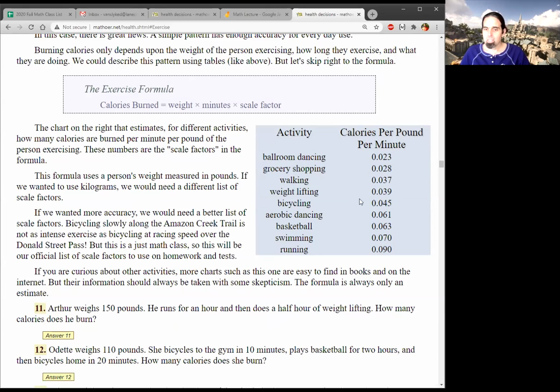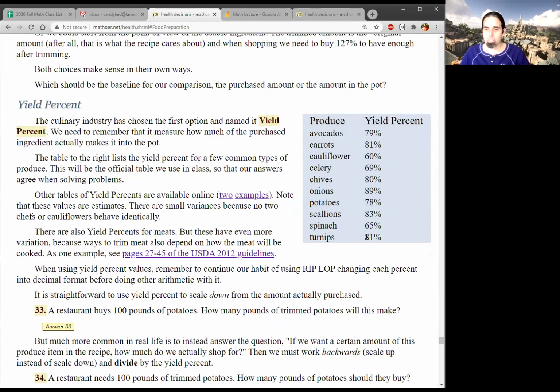So exactly how many calories people burn per minute per pound, we don't know. We just have to pick some number to use in the math class for the homework. And if you were actually someone who cared about this, your personal trainer might be able to find a more accurate number for you. So in a similar way, these yield percents are not 100% accurate.